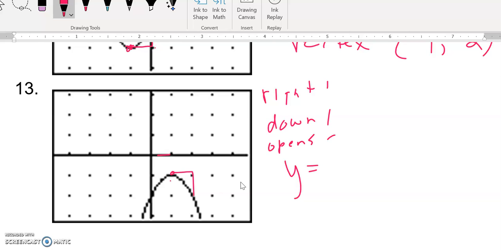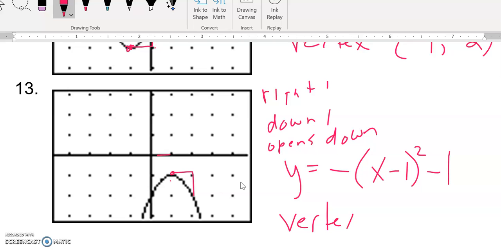So negative (x minus 1) for the right, and down 1, and my vertex would be at 1, negative 1. And that is parameter change of moving a quadratic equation.